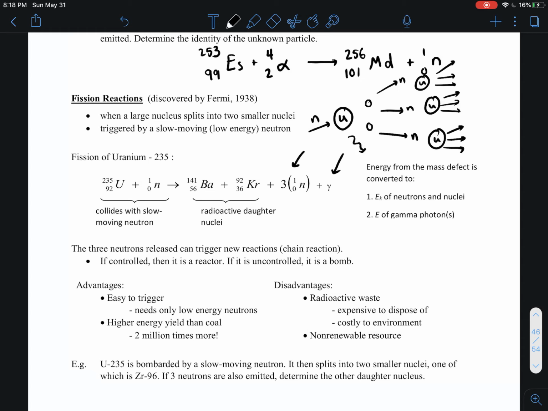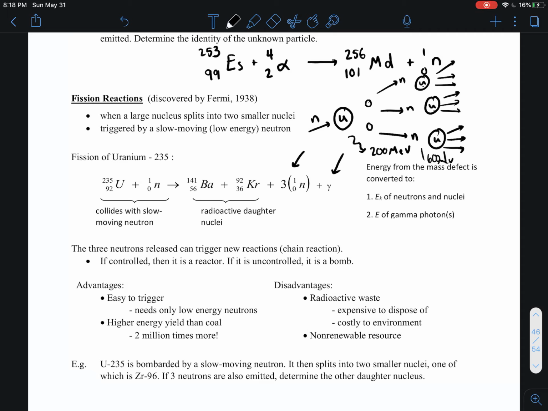In terms of energy, let's say there's 200, just a ballpark number, mega electron volts, which is not too bad. But now each one of these are also 200, which means in this process here, there's actually 600 mega electron volts. And you can see how quickly this can escalate and how maybe out of control this could be if we don't have a way to basically slow down these neutrons or control it.